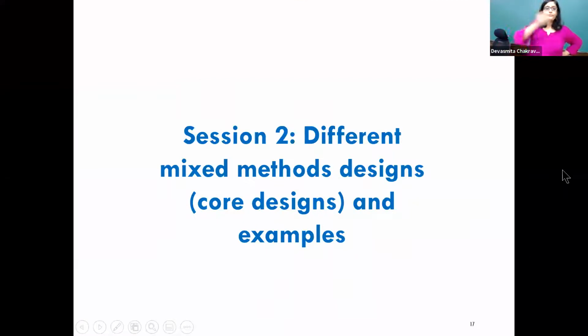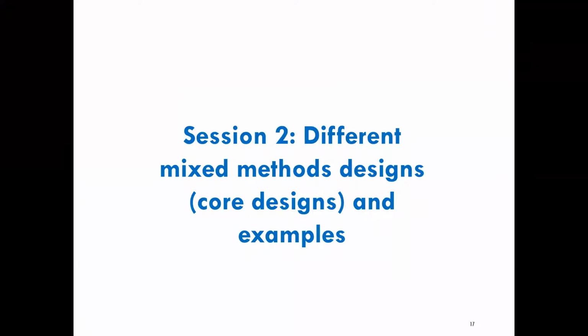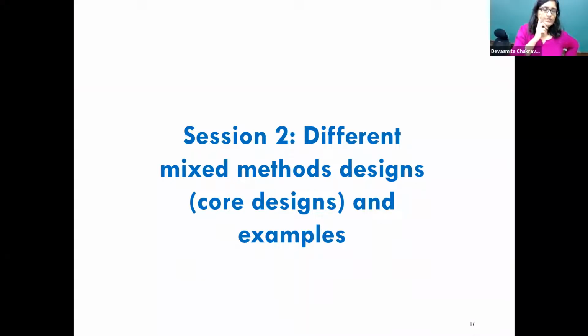Okay. Now, in the first session, we learned about what is multi-method research, what is mixed method research, and what is not mixed method. We also looked at what the challenges of doing it are and what the advantages are. We also looked at some of the titles of papers.